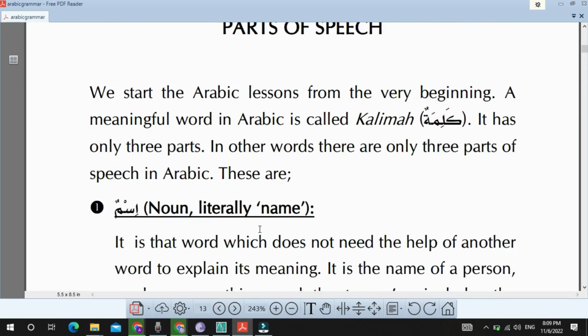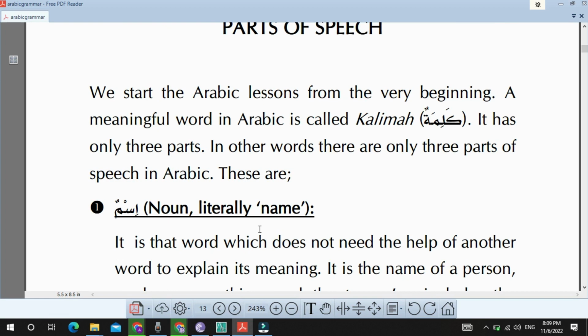So, in today's lecture, we tried to learn the ism. I told you in the beginning, if you are interested in Arabic grammar, you should clarify the concept of kalima in your mind.